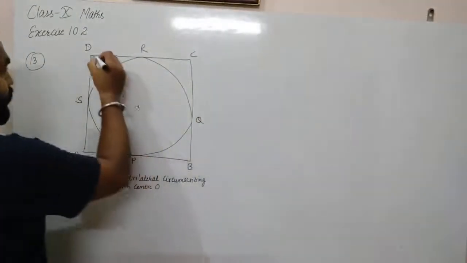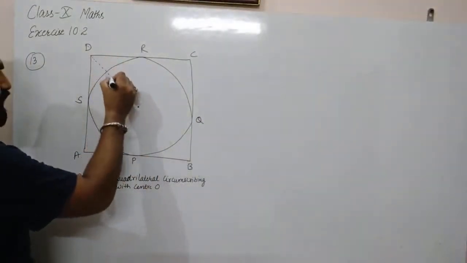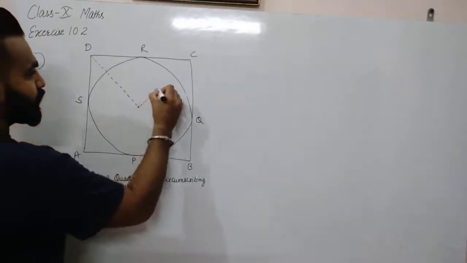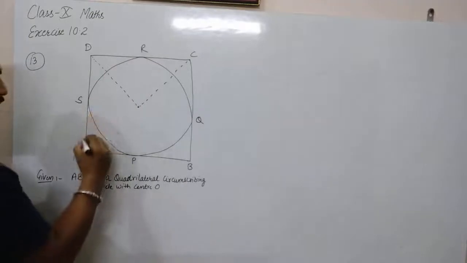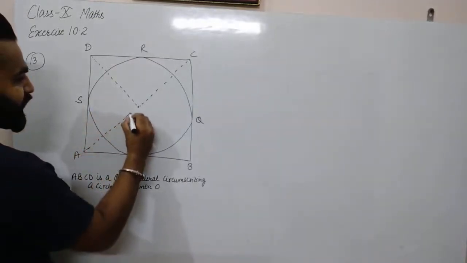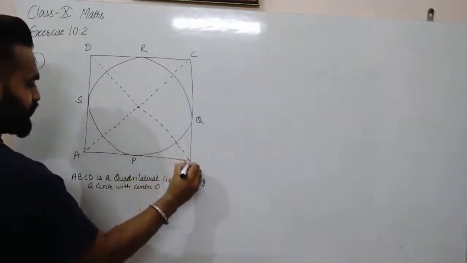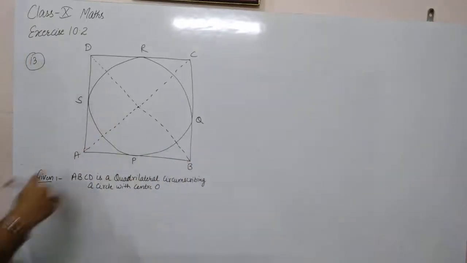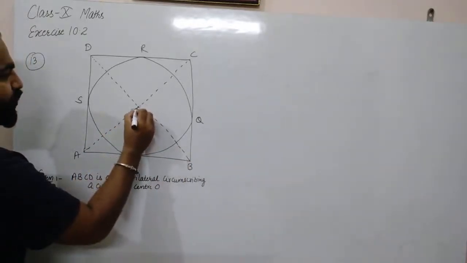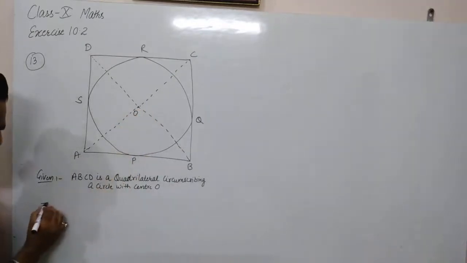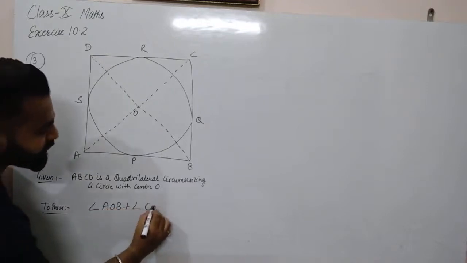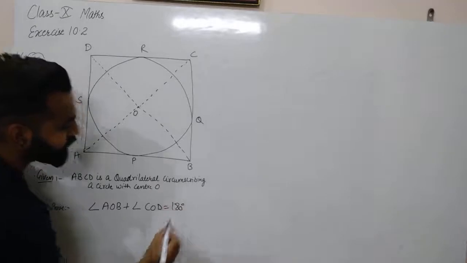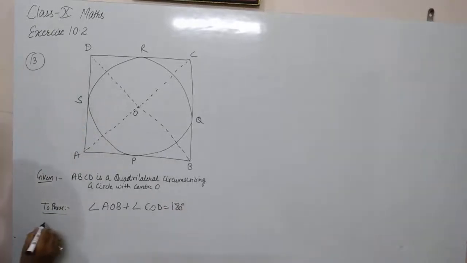That means we have to prove that this is the angle subtended at the center by the side CD, and this is the angle subtended by the side AB. Let us say this is point O here. So we have to prove that angle AOB plus angle COD is equal to 180. These are supplementary angles.